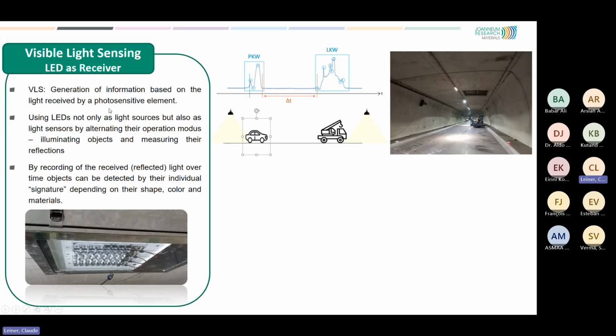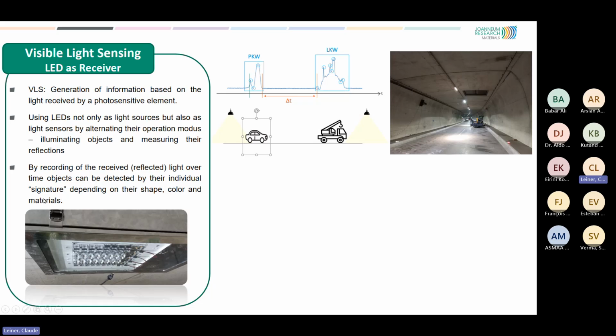And this is what makes it so disruptive, because now you again have the persisting light infrastructure, for example, in a tunnel, and you are switching the LEDs from illuminating to measuring. Then when a car is traveling below such luminaires, it makes such a profile.